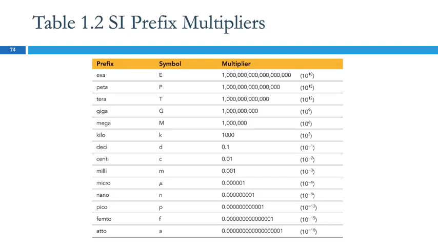These are all the prefix multipliers that are listed in your textbook. I think there are more. But as I mentioned on the information to memorize, kilo, centi, milli, micro. Those are the 4 that are most important in chemistry.